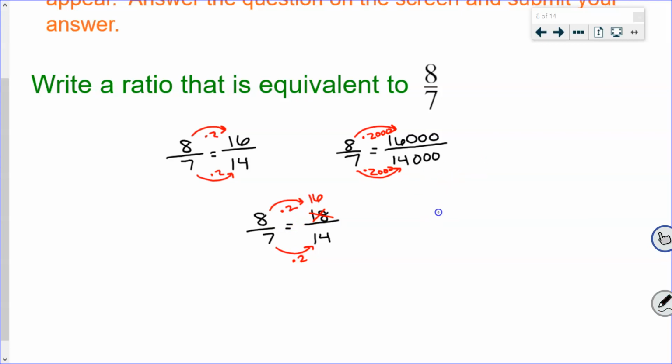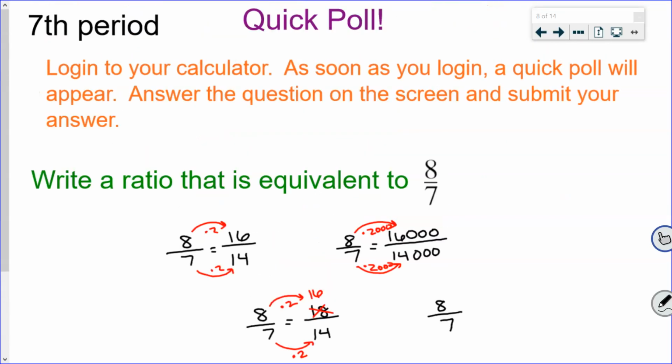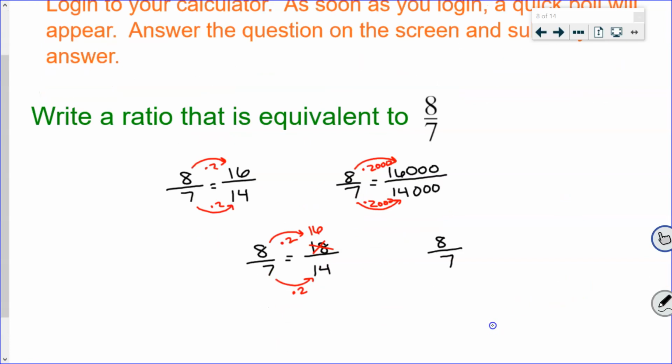Here's another one. Let's see if we can figure out what the mistake is. We'll do this one. Talk to each other.